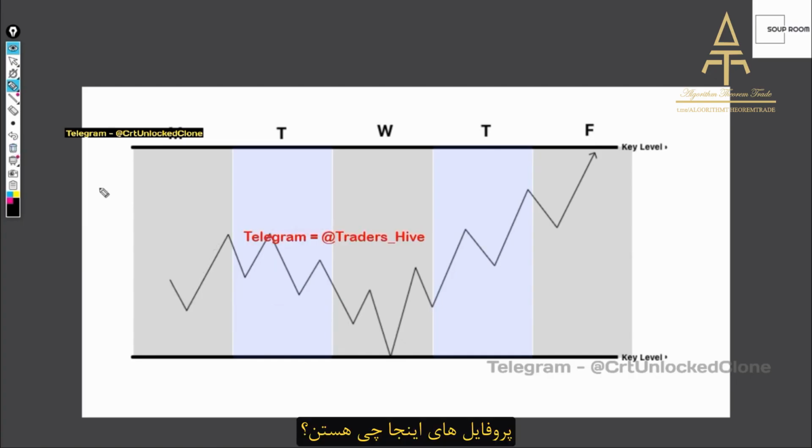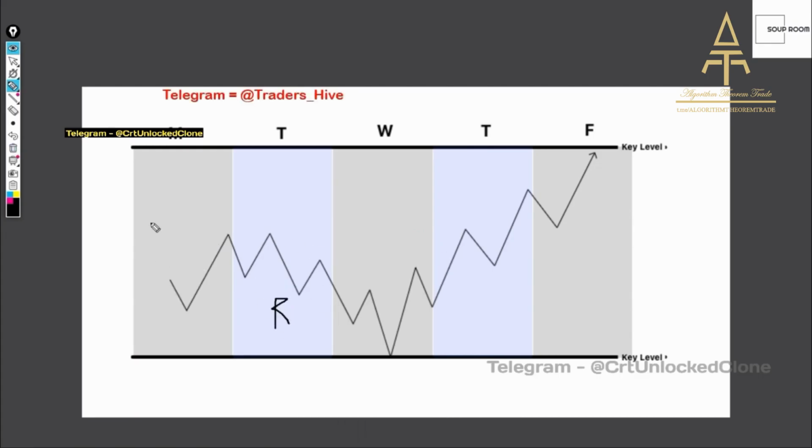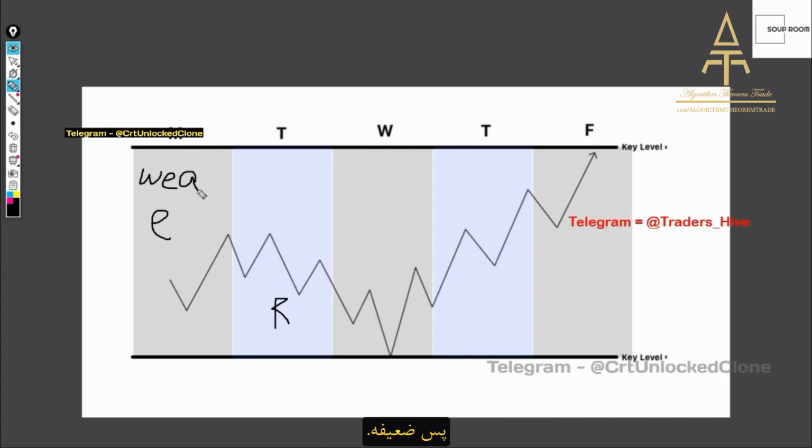Very simple. So what are the profiles here? We have a range on Tuesday. We have an expansion on Monday, but a weak expansion. Why is this considered a weak expansion?